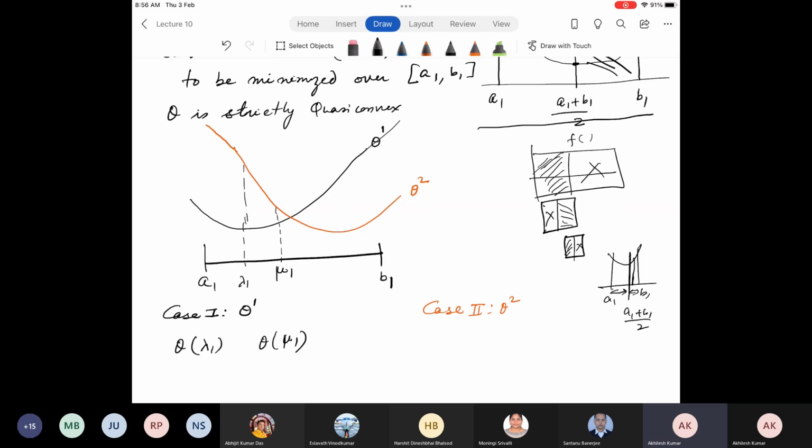And I'm trying to minimize. Throughout this course, we will talk about minimization as standard. So theta lambda 1 and theta mu 1, which one is minimum? Theta mu 1. I am shifting lambda 1 a little. Theta mu 1 is minimum. Is this correct? Yes, sir. Let me change the function a little, otherwise the whole setup will get messed up.